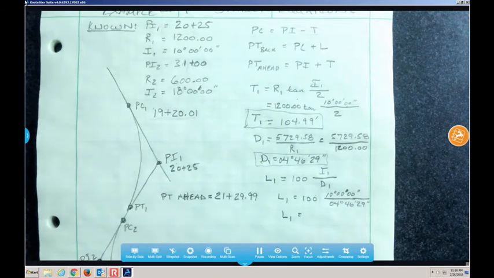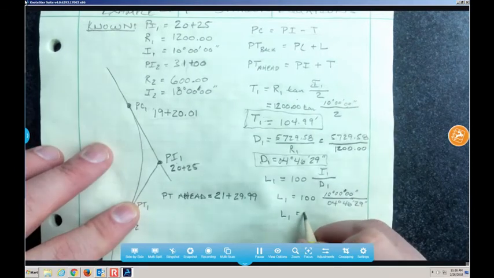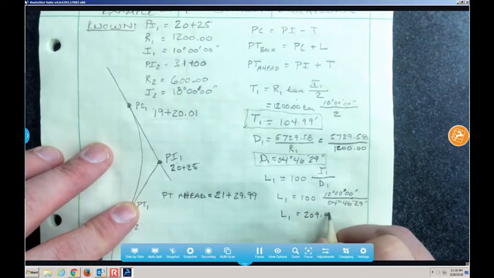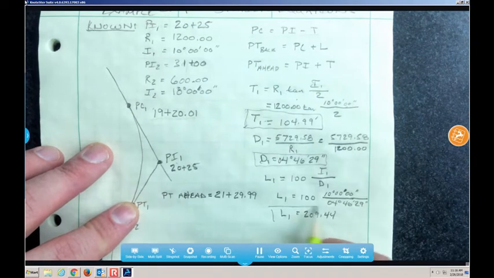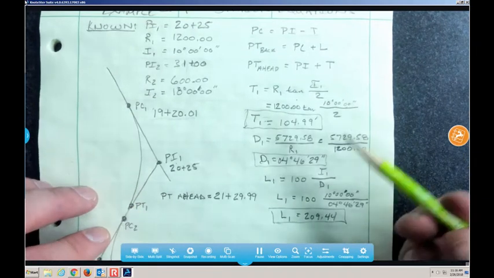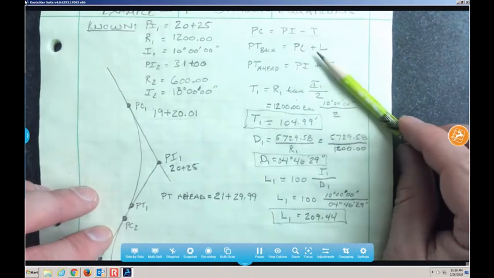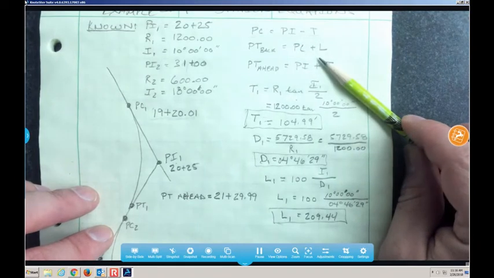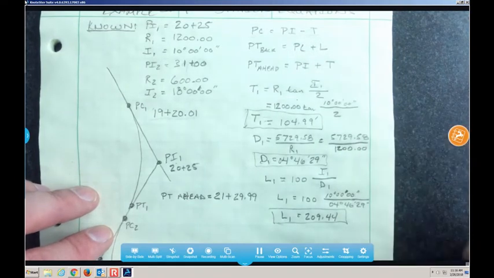L is a length now. It's not degrees. L is now a distance. 209.44. So that's L1.